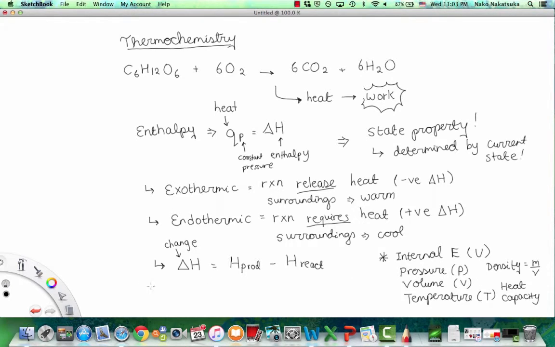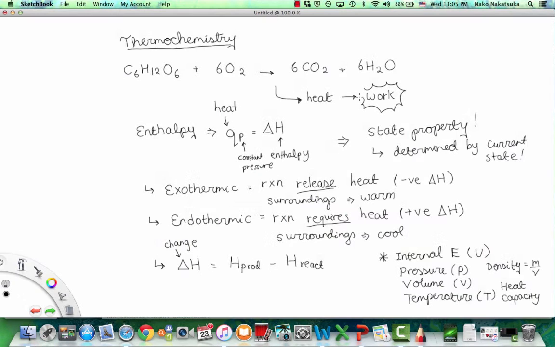On the other hand, work and heat, which we gave the letter Q, do depend on the path taken. So they are not state properties.